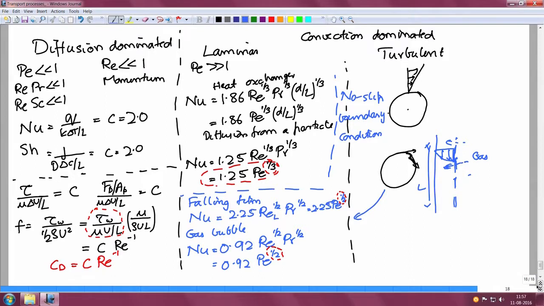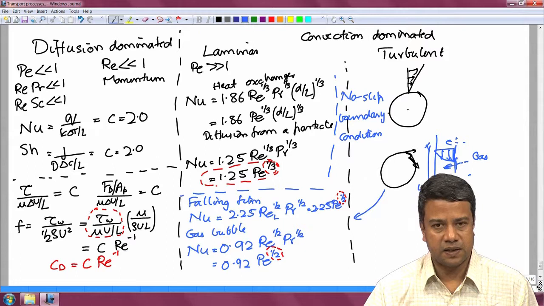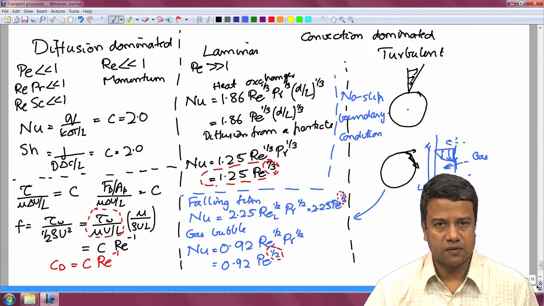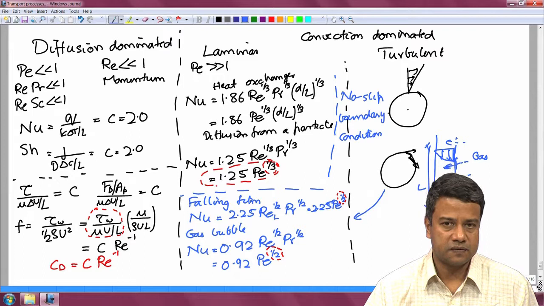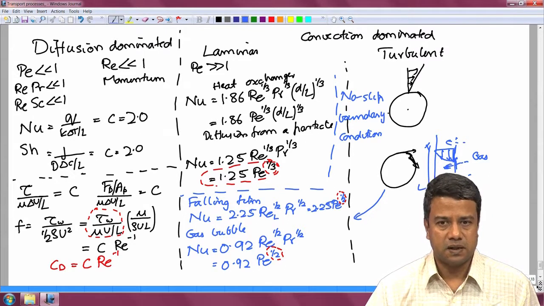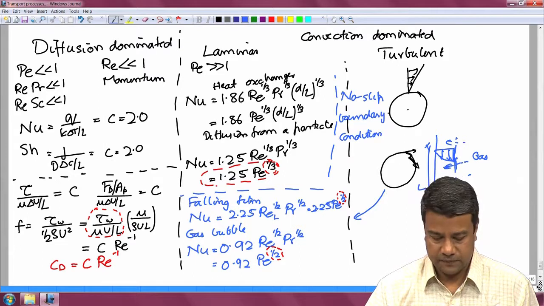Therefore, if I scale the heat flux and the mass flux by the product of a diffusivity times a difference in density divided by a length scale, these should just tend to constant values. The value of the constant, of course, you have to solve the problem to figure out, but it should be a constant value in the limit where diffusion is dominant.